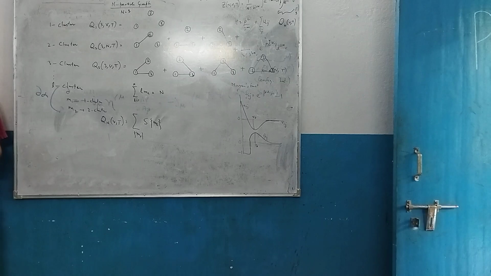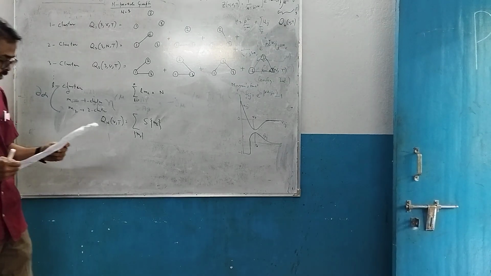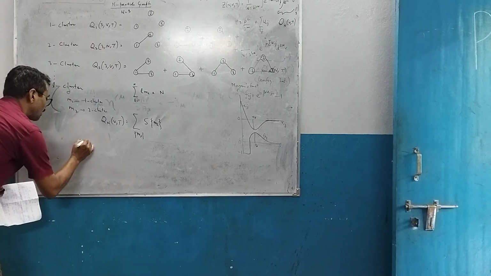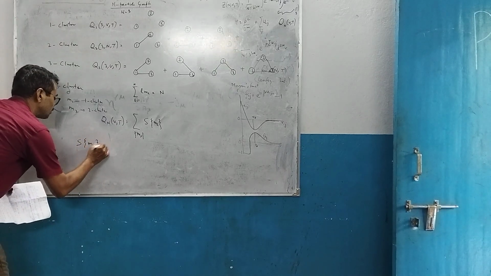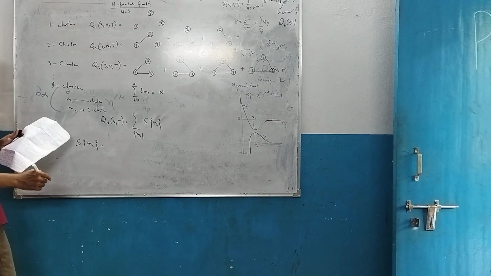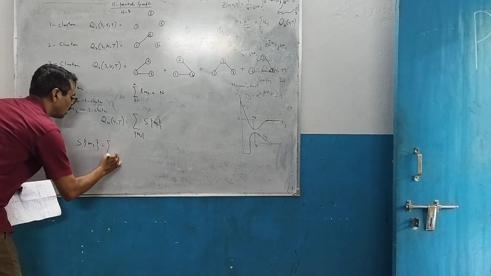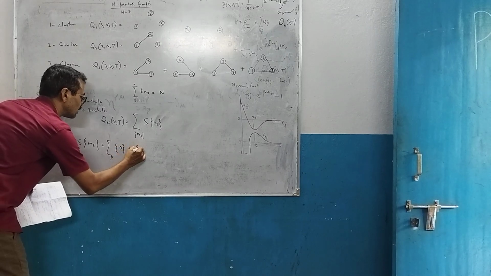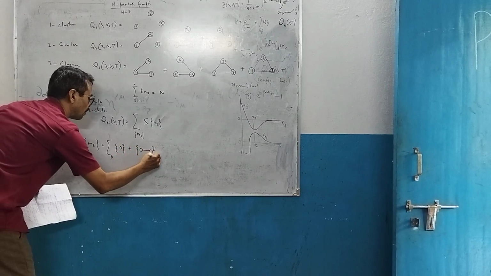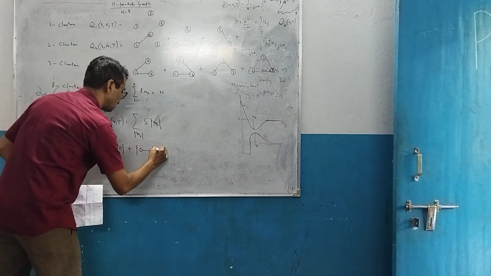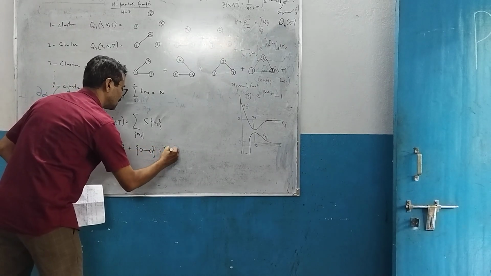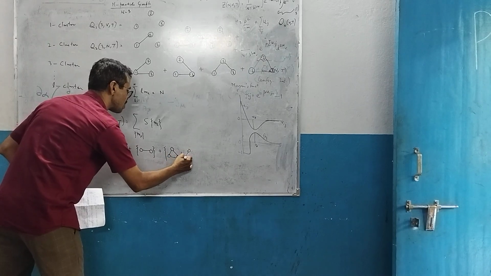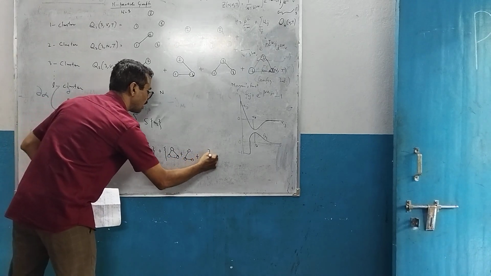So we would like to find an expression. What is this SML then? I can write this in terms of the above graphs as the number of one particle clusters plus number of two particle clusters, plus number of three particle clusters, and so on.